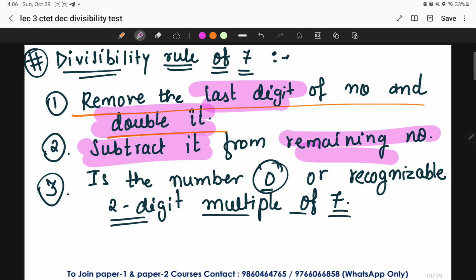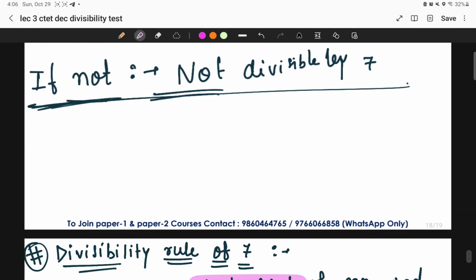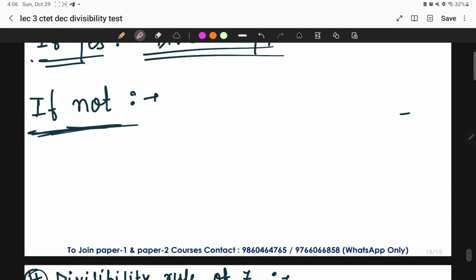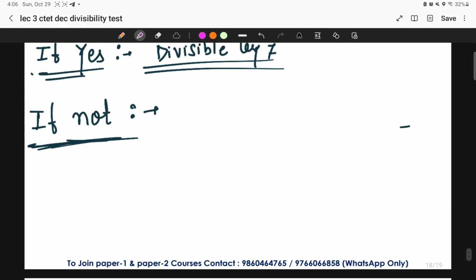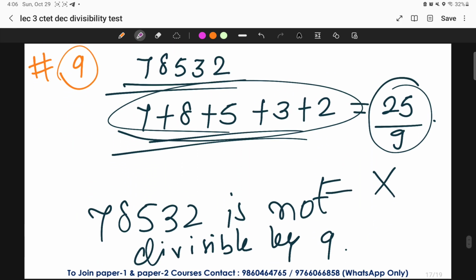After subtracting, if we get 0 or a 2-digit number which is a multiple of 7, meaning it comes in the table of 7, then we can clearly say that the given number is divisible by 7. If not, then you have to follow the steps again. Now let me take the example of this.